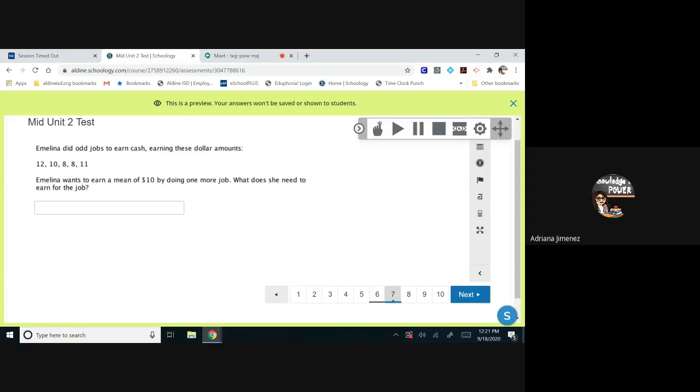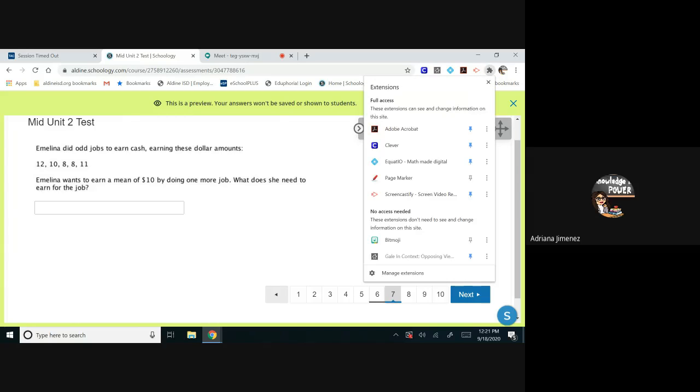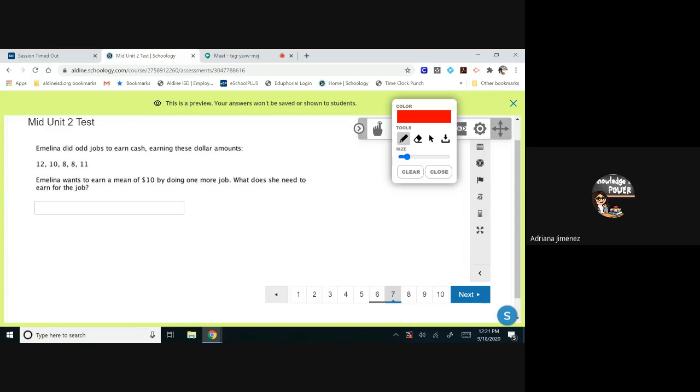All right, here are the odd jobs that she does, and here are the dollar amounts. She wants to earn a mean of 10 by doing one more job. So what does she need to earn? Okay, so this is more of an equation. I do 12 plus 10 plus 8 plus 8 plus 11 plus x, and I make that equal 10, divided by 1, 2, 3, 4, 5, 6 numbers.